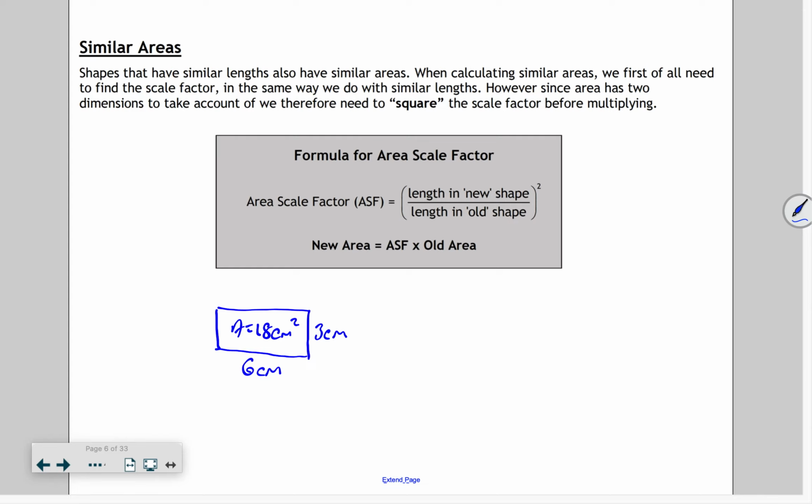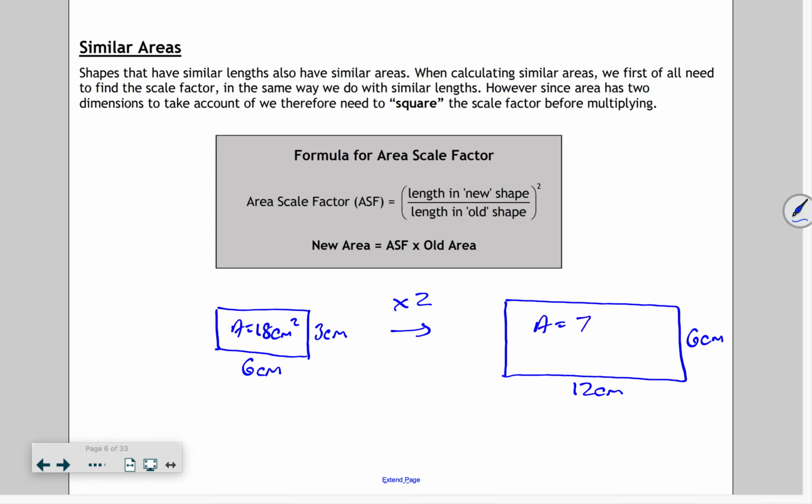If I was to multiply my sides to make a similar rectangle, so say I was to apply a scale factor of 2 to that, it would give me a length of 12 centimeters and a breadth of 6 centimeters. If I was to work out the area of that, the area would be 12 times 6, which would be 72 square centimeters.